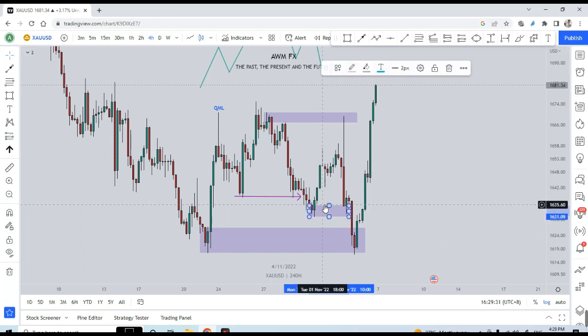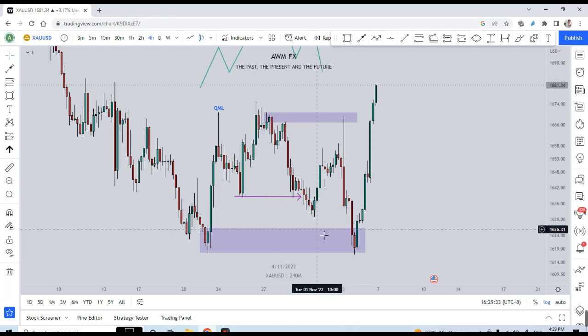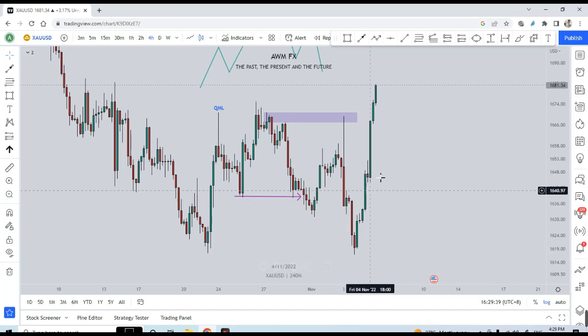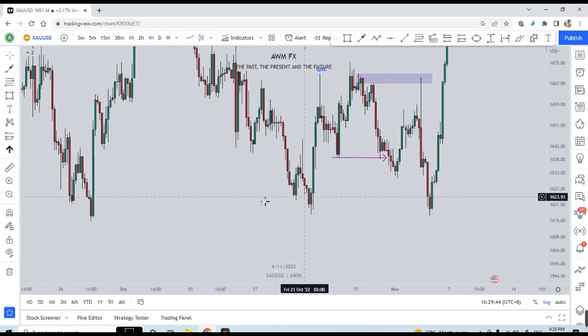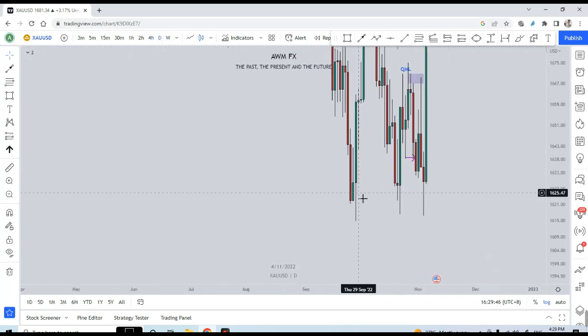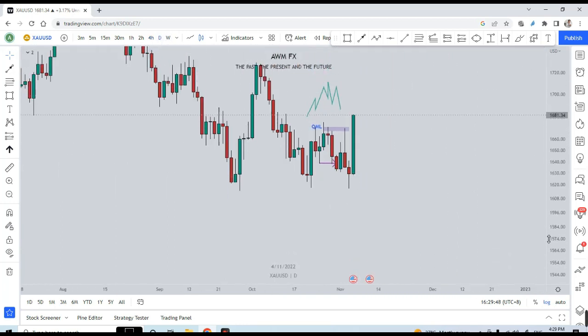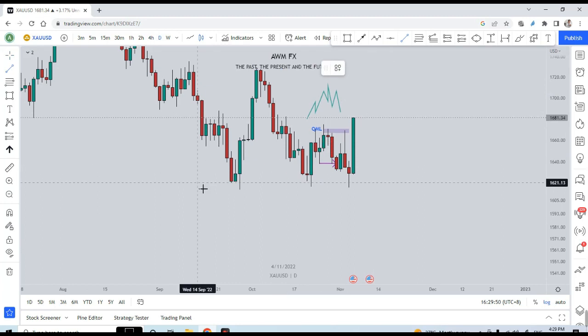Now we have looked at H4. How about the lower time frame? On the lower time frame there is also a QML for the reversal to the top. If you look at the whole structure, let me go to daily. You can see that there is a very strong support.